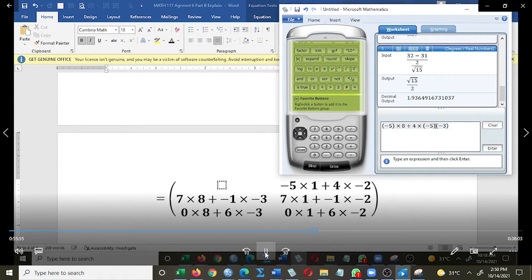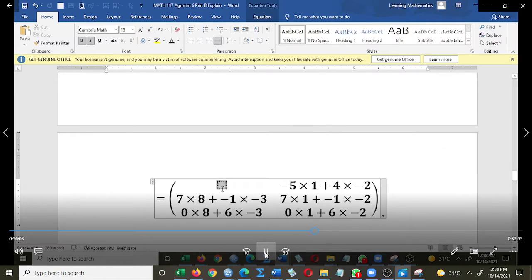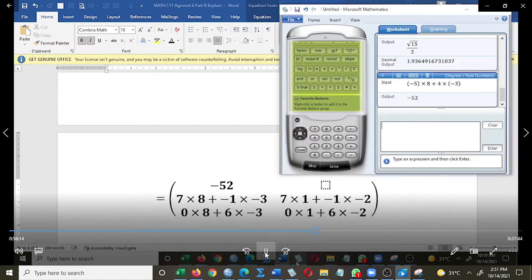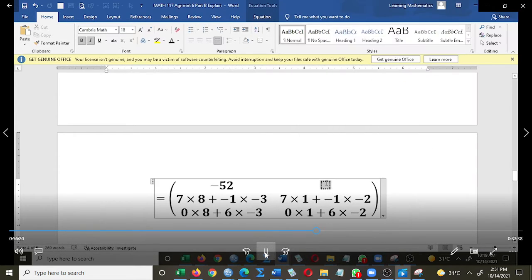It's just taking time. Enter. Anybody got negative 52? See if you get negative 52. I might be wrong. Cut it, paste it, enter. Negative 13.